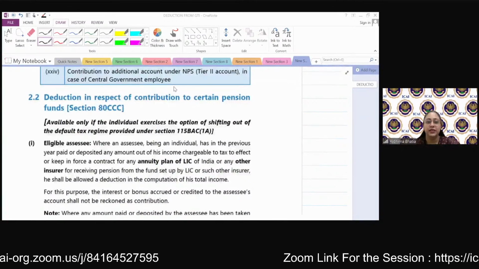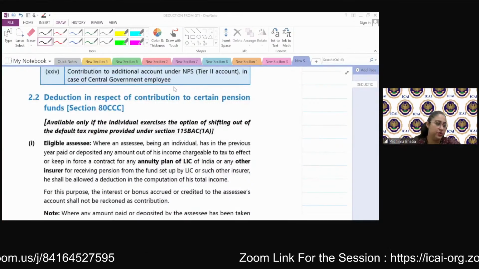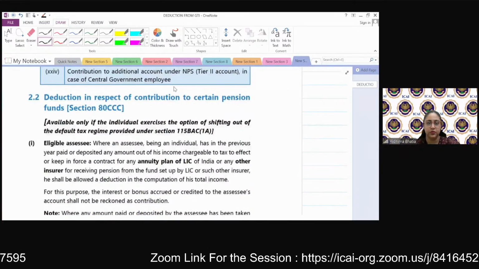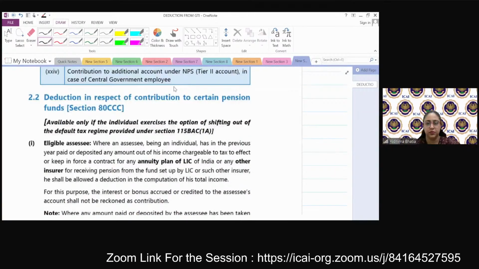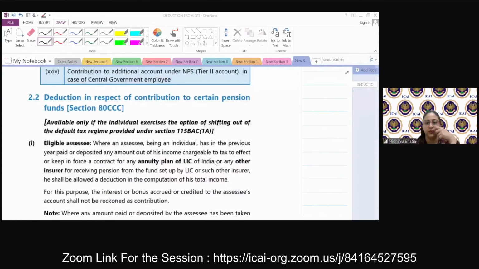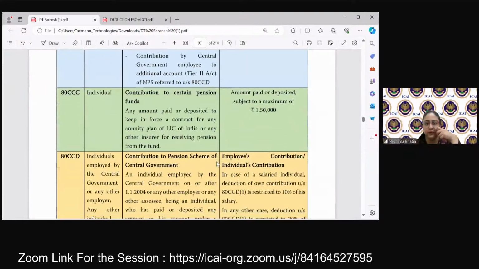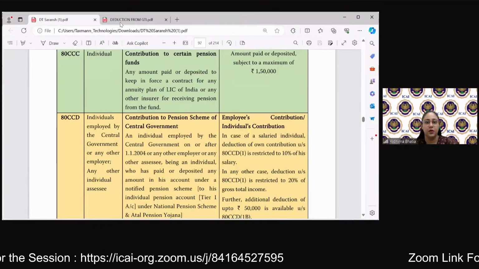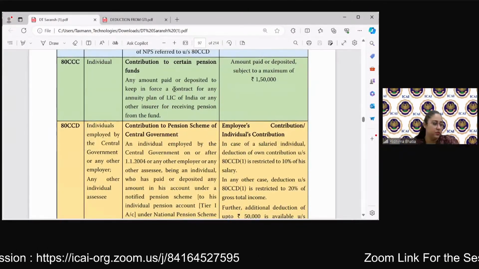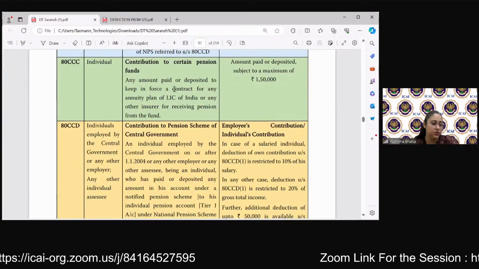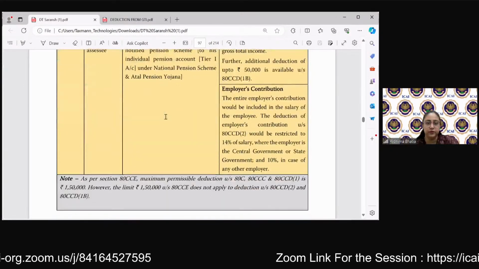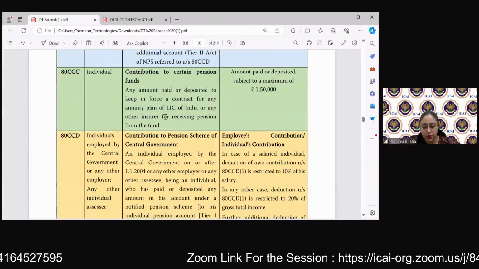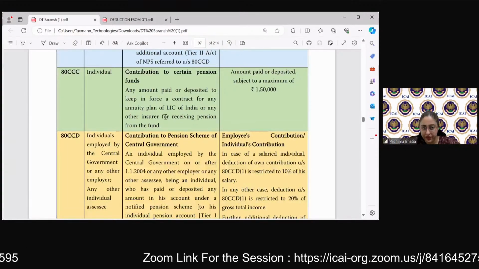Okay, so we'll move ahead to the next section, which is 80CCC. 80CCC is another section which gives a deduction of maximum 1,50,000.